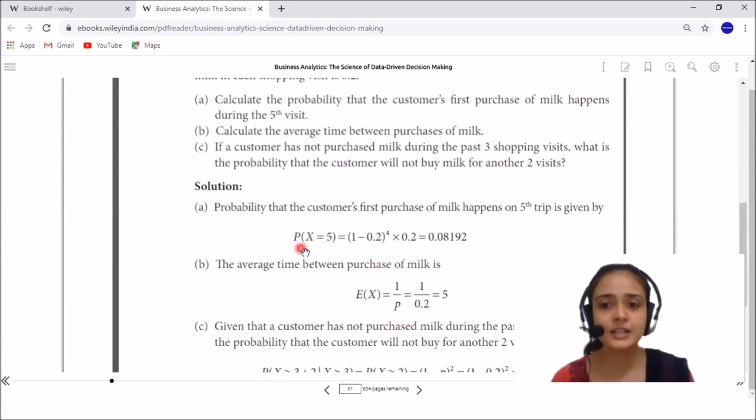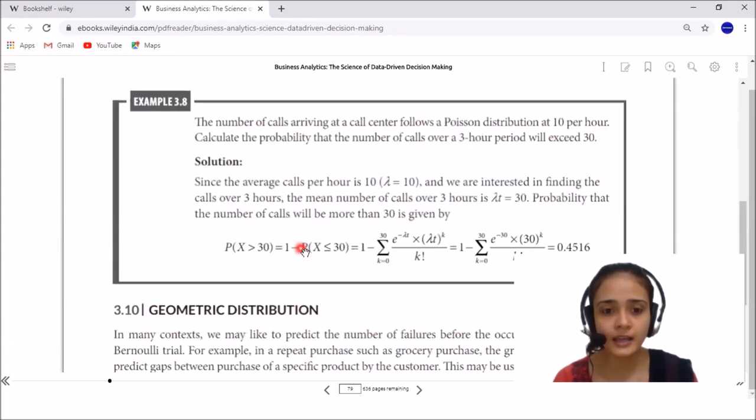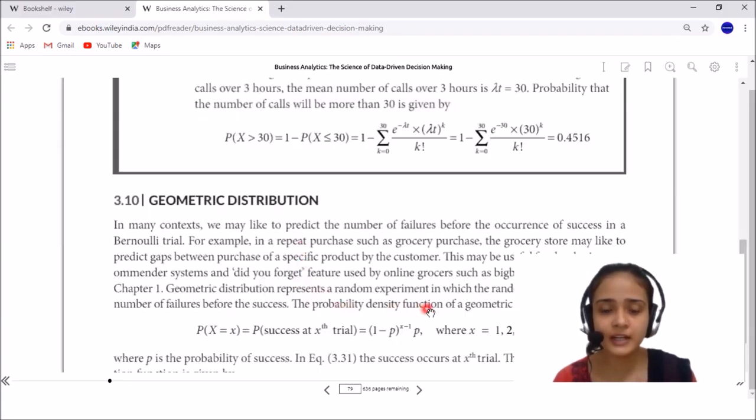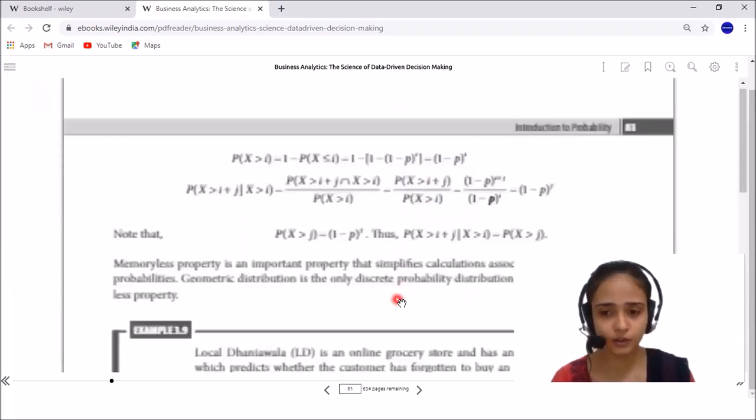So what is this? This is my formula of, I can say, the probability density function. That is probability of x equals to small x. So what is the formula? 1 minus p raised to x minus 1 into p. So this formula we have seen in the previous video lectures.